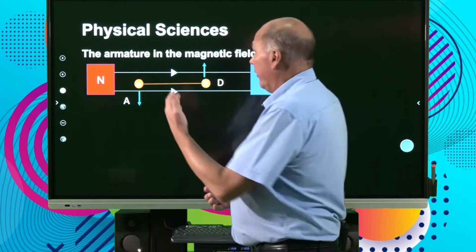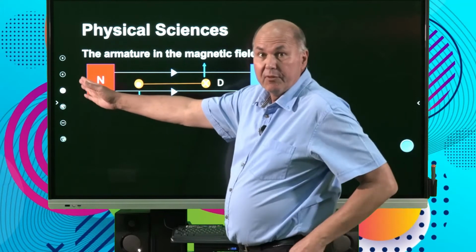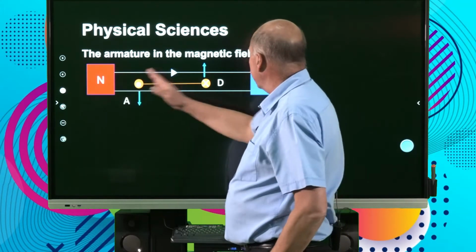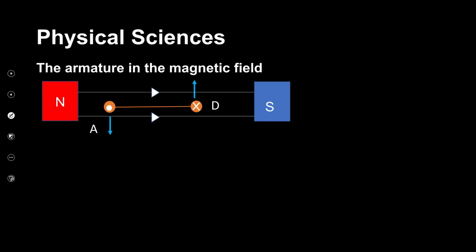We've got the north side of the magnet on the left-hand side, the south side on the right-hand side, and I've drawn some field lines that are connecting those together. The armature itself I've represented by this copper color as a dot, as a circle, and a circle over here, just showing you that it's forming a coil.